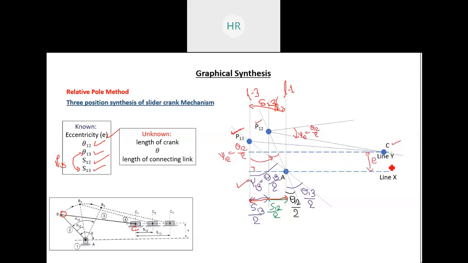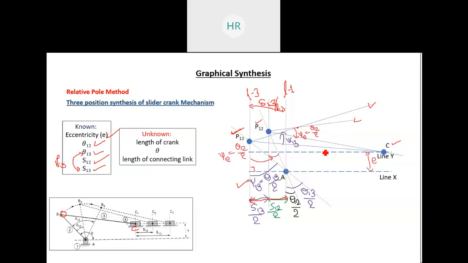Now you have to connect point C to P13. Then from that line at an angle of zeta 13, which is equal to theta 13 by 2, you have to draw another line, and now you can see this blue line and this gray line intersecting at some point.